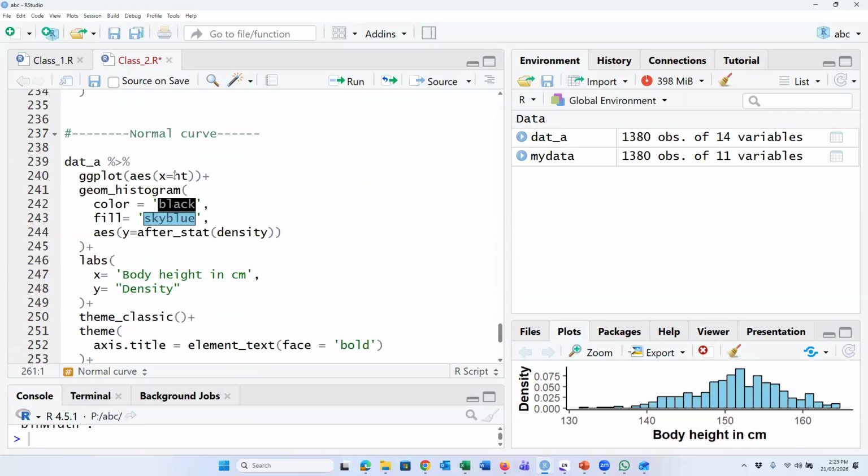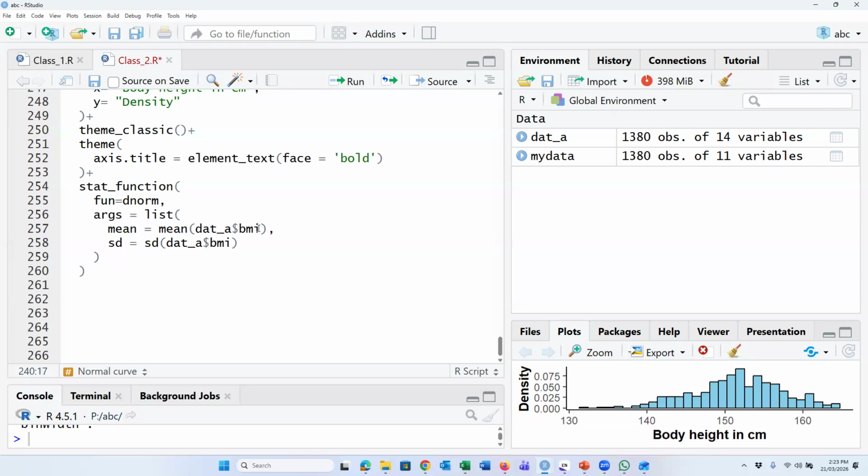Oh, sorry, we use HT. Sorry, not BMI. We use HT. Sorry, HT. HT.